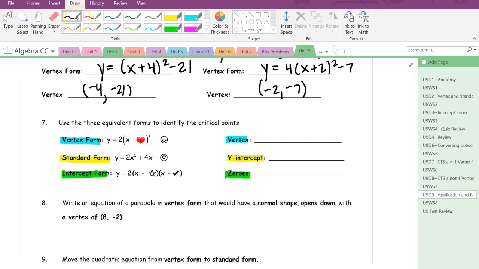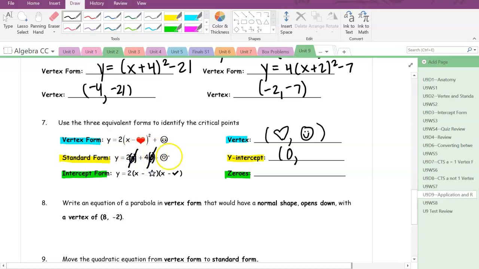All right, so vertex we've been doing the last couple problems. Remember, change the sign. So it's going to be a positive heart. Keep the sign, a smiley face. All right, now what about the y-intercept? The y-intercept we know is always a 0, comma. So all we're going to do is plug a 0 in for x. But what that does is cancel everything that has an x with it.